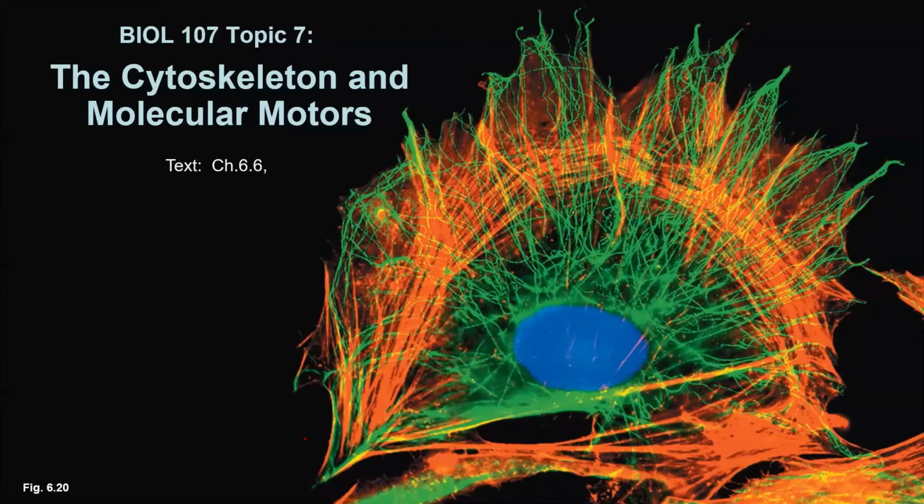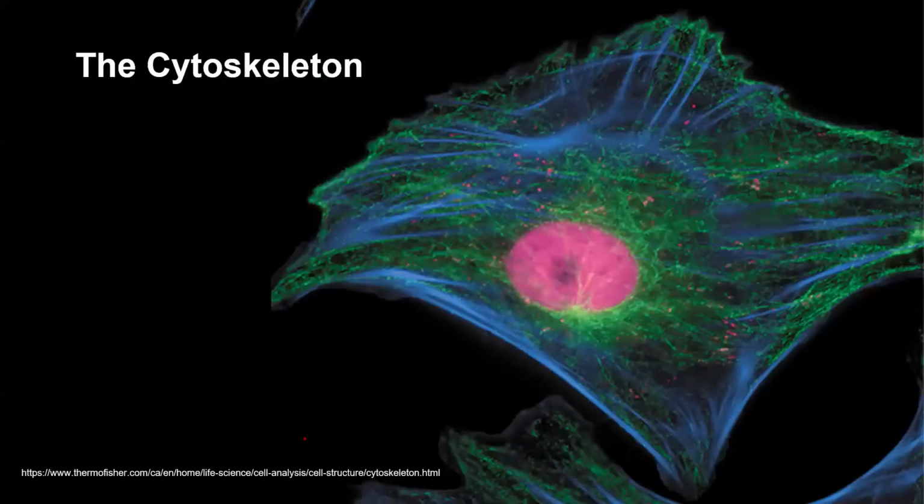So the cytoskeleton is a network of protein fibers that are found throughout cells. You can see from this image that they're quite extensive, and there are also different types. I'll show you some other pictures of cytoskeletons. There's another one there. You can see some pretty stunning colors. You can see the nucleus there, which looks like a big eyeball.